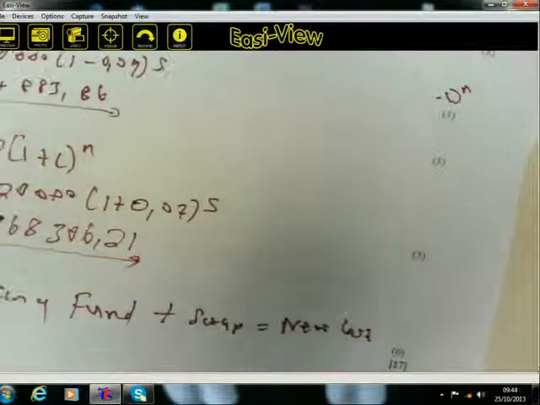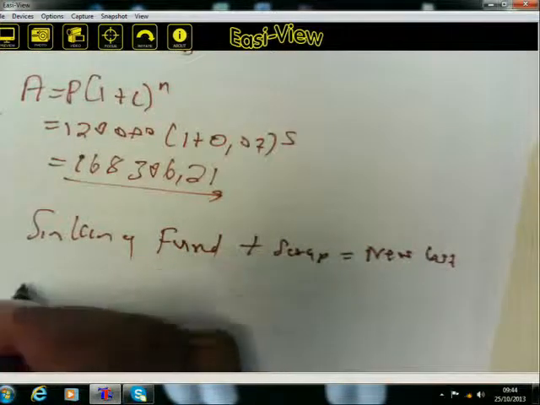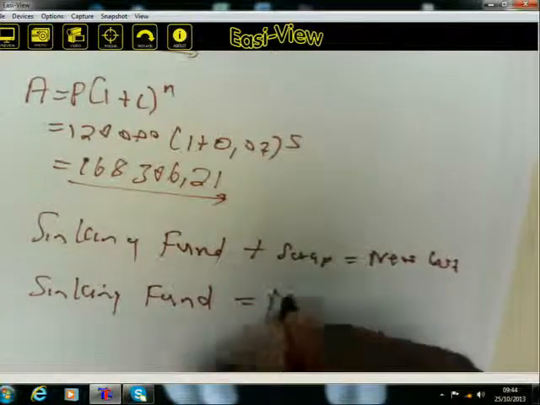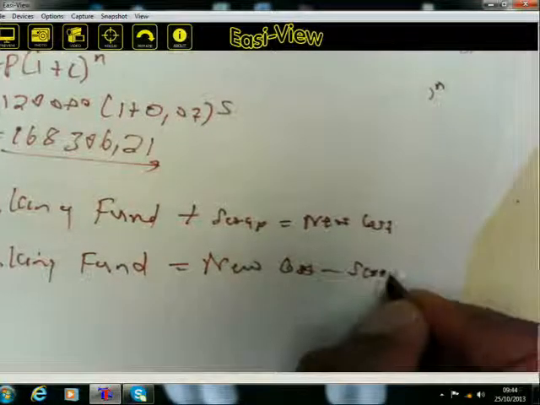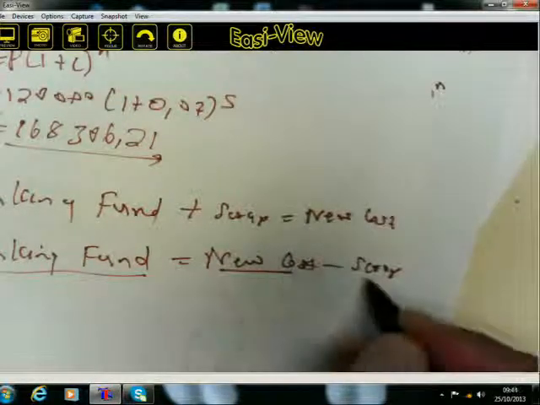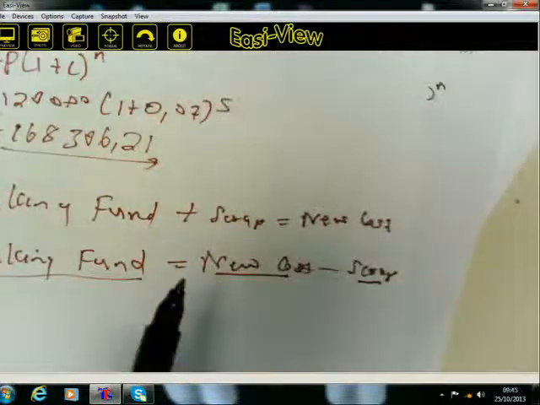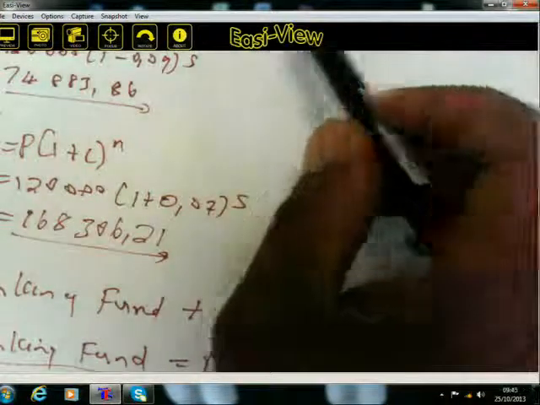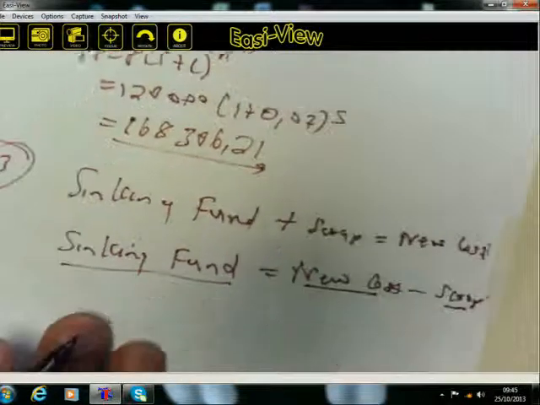It means if we want to find the sinking fund, you must take the new cost and then minus the scrap value. Remember, this is very, very important. Sinking funds is the new cost minus the scrap value. It means you can take 168, then you minus that one. But in this question, we are not going to use the formula here, because they said they estimate that it will need 90,000. Let us see what's going to happen.